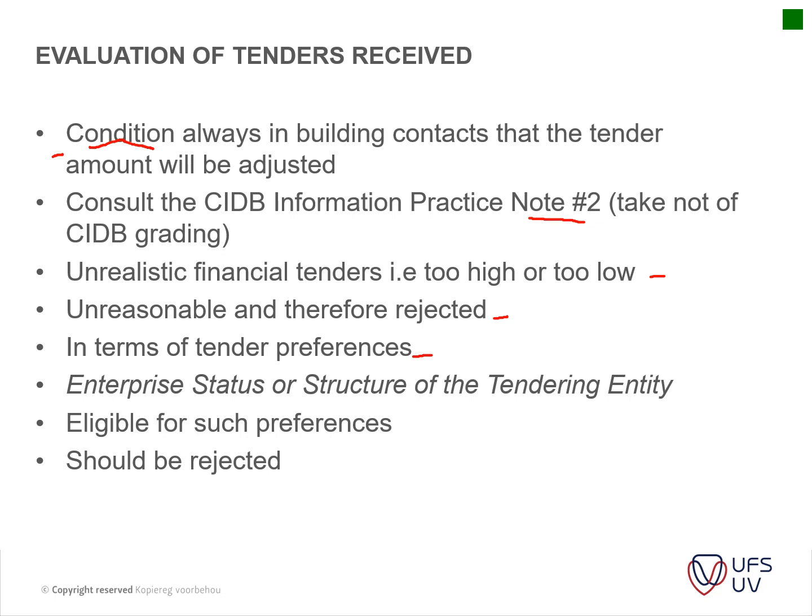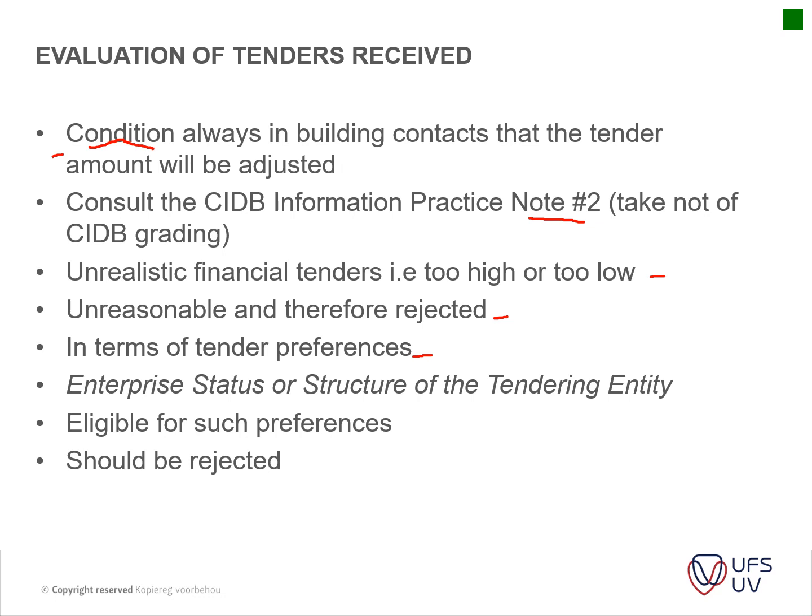These days we use an 80-20 rule, where 20% of the BEE level contributes to the final mark, and 80% of the tender price contributes the rest of the tender adjudication mark. Then the tenders are ranked, and the preferred contractor or tenderer is proposed to the client, and the client makes the final decision on that.